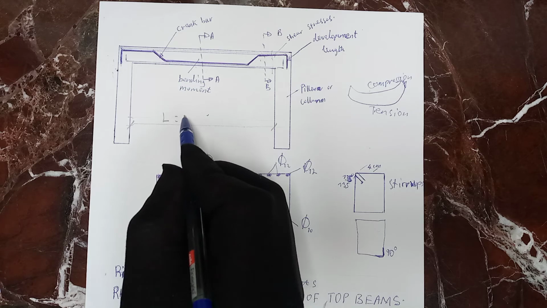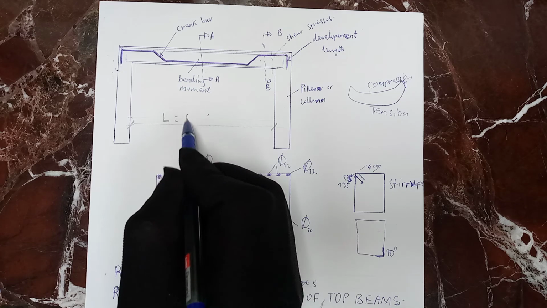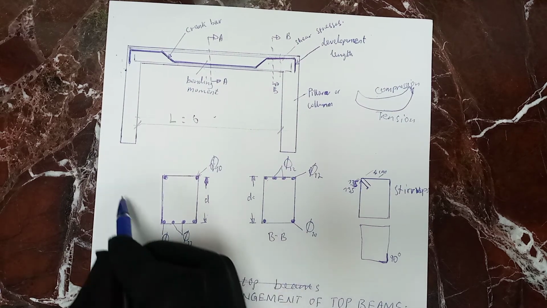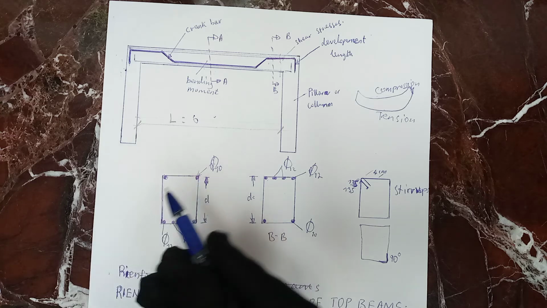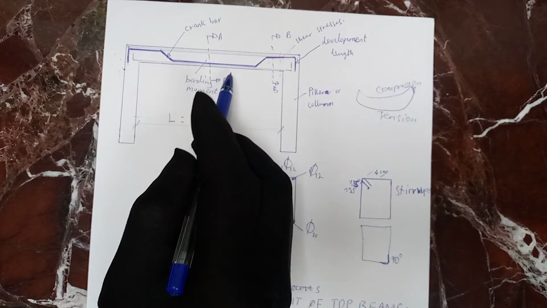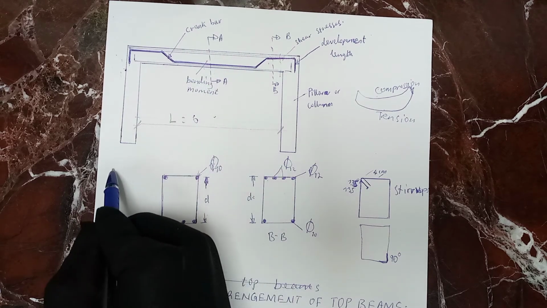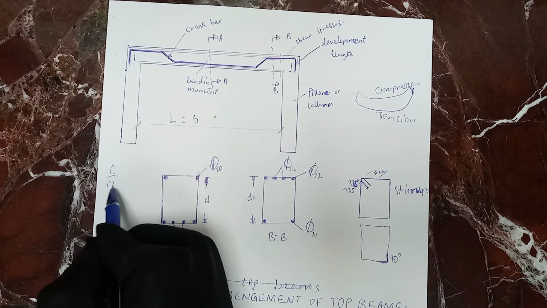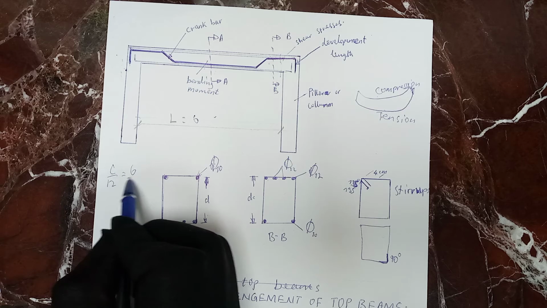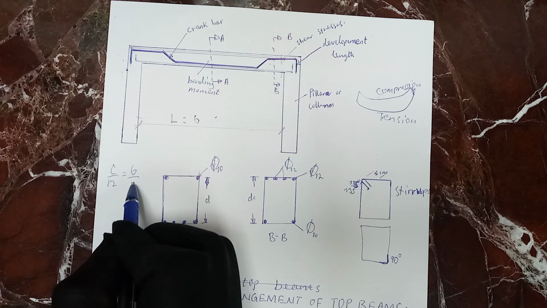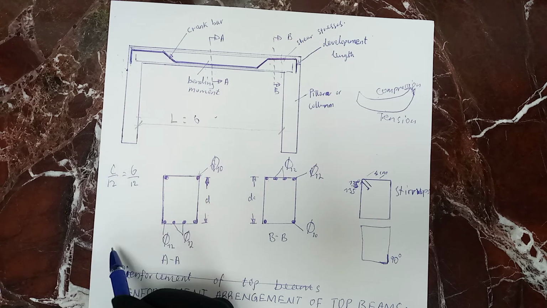Let's consider that this length is 6 meters. To find the depth of this beam, we use length divided by 12, which is 6 divided by 12.